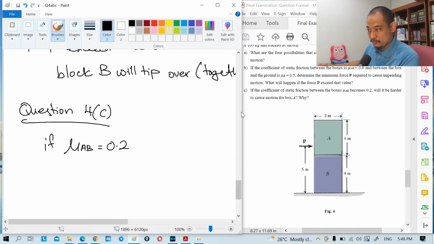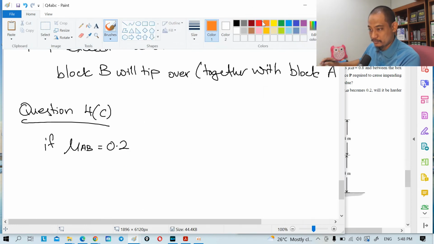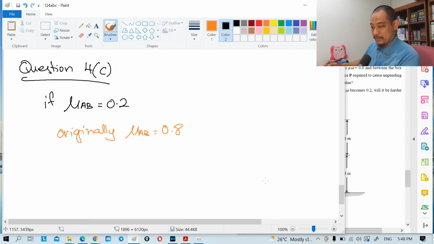So originally mu AB is 0.8. So now it reduced, right? So what will happen?